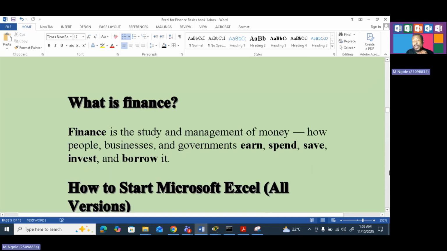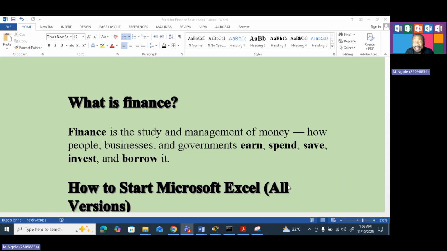Now, because we are talking about Excel in finance, we are learning how to do calculations and how to record numbers. We need first to understand what finance is. Finance is the study and management of money.